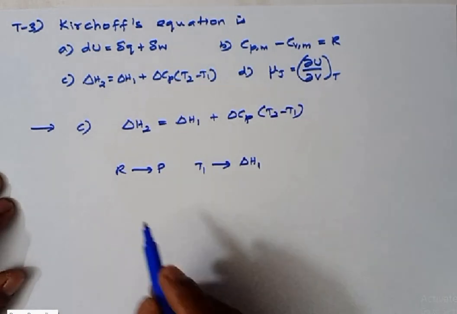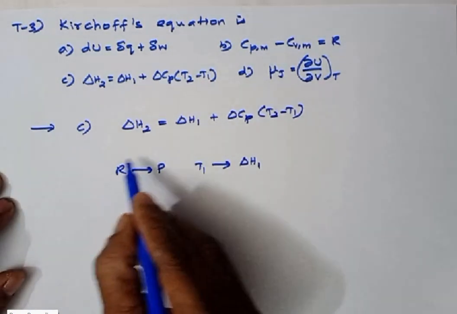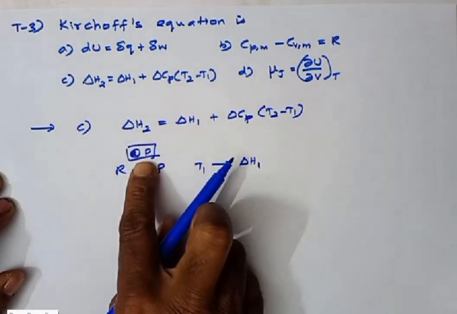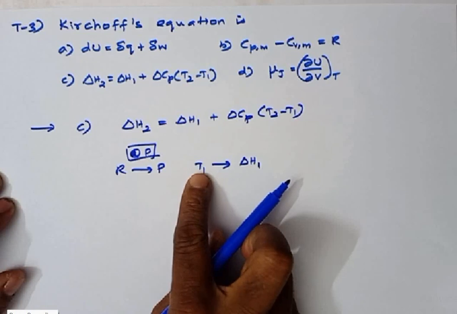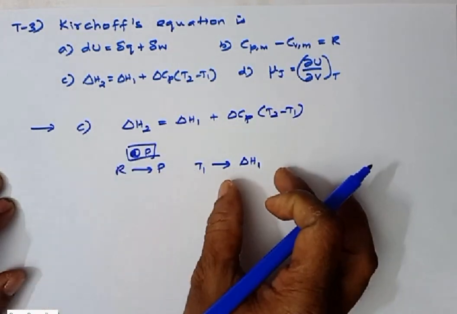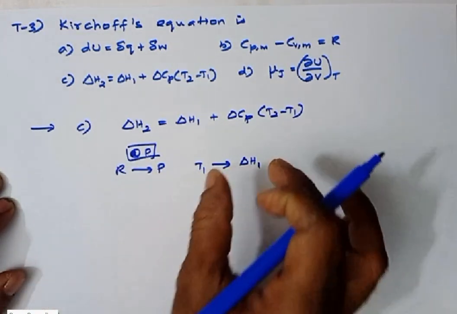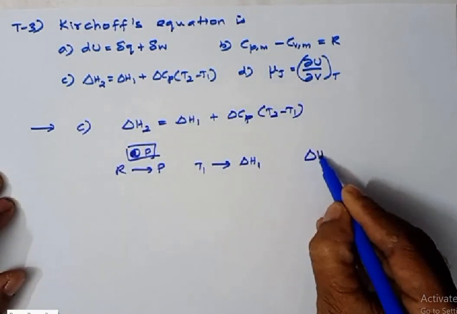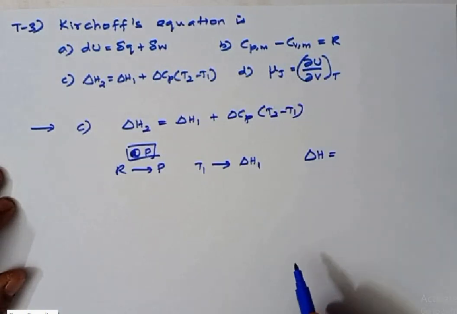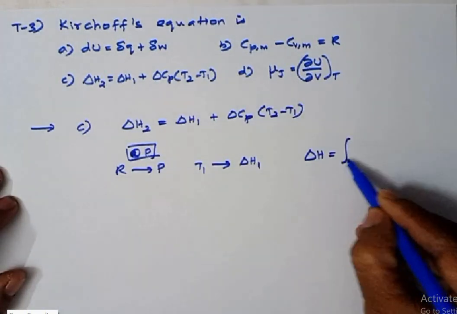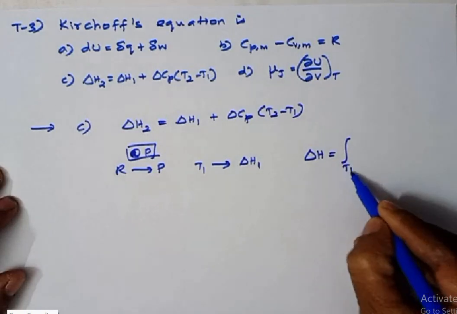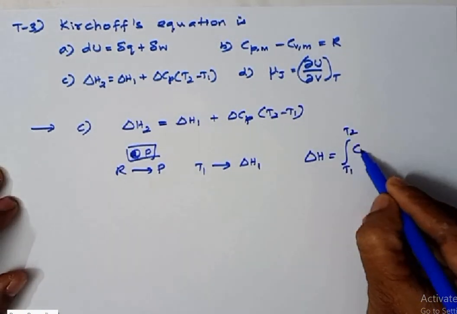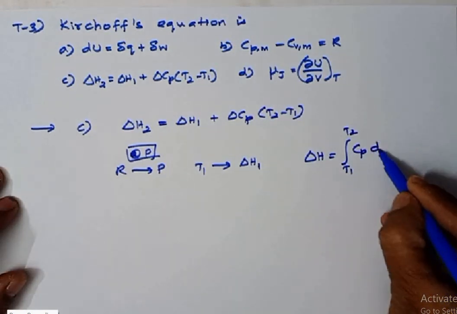Here pressure should be constant. In this reaction, we keep pressure constant. At constant pressure and at temperature T1, we carried out the reaction and we got the enthalpy change delta H1. You know very well, at constant pressure, enthalpy change delta H equals the integral from T1 to T2 of n Cpm, or simply Cp, into dT.